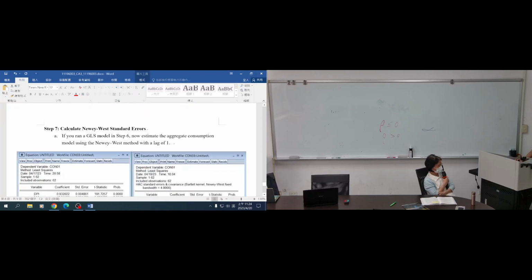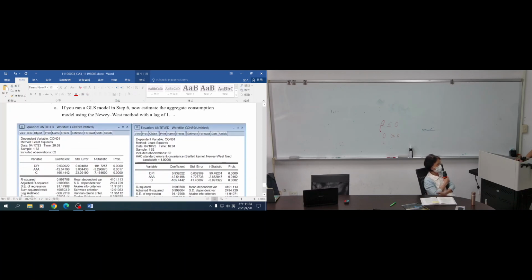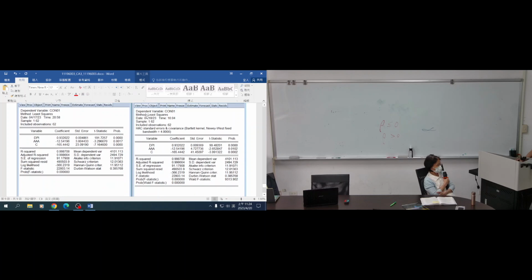And the seventh step, if you ran a GLS model in step 6, now estimate the aggregate consumption by using Newey-West. So the left-hand side is still the original one, and the right-hand side is the new one with the Newey-West method.